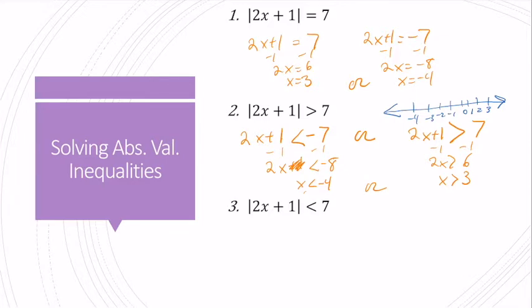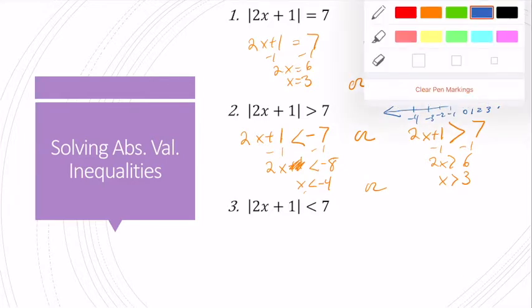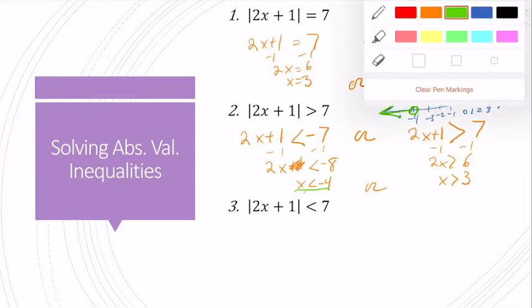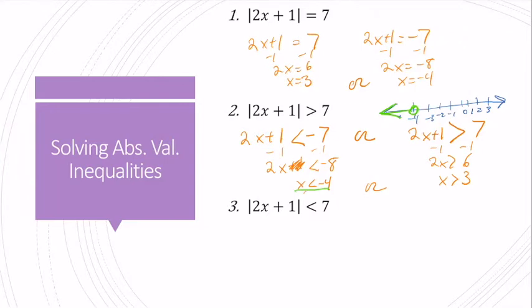I have x is less than negative 4. We're going to plot that in green. Negative 4 is not included in my solution set, and I shade to the left. Now I have x is greater than 3. We're going to mark that in red. 3 is not included in my solution set, and it goes to the right.